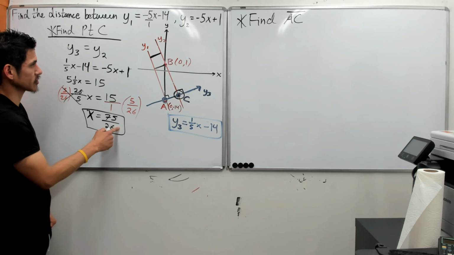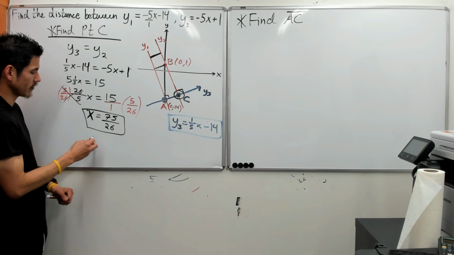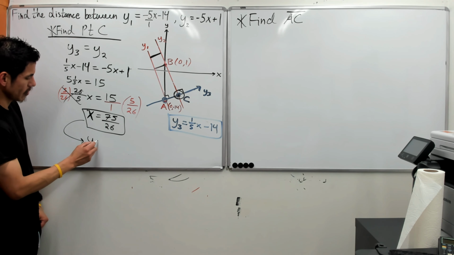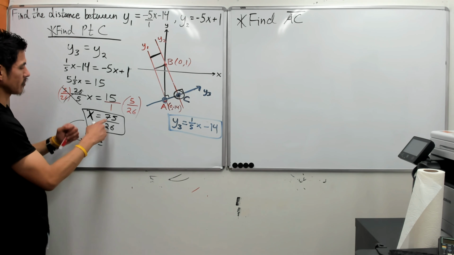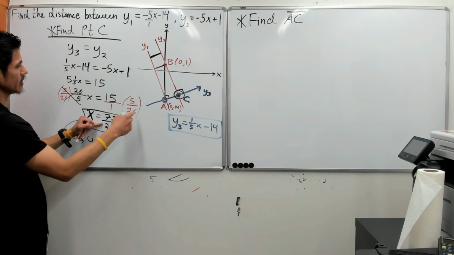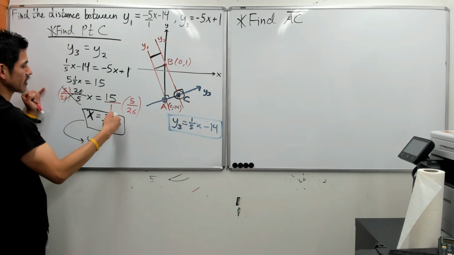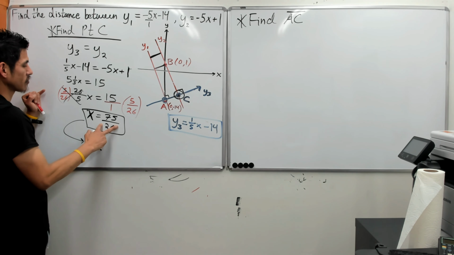Now, that's just the x-coordinate of point C. We need to find the y-coordinate. The y-coordinate can be found just by plugging this into either y2 or y1, because it's going to give you the same value. So plug it into the one that's more efficient.